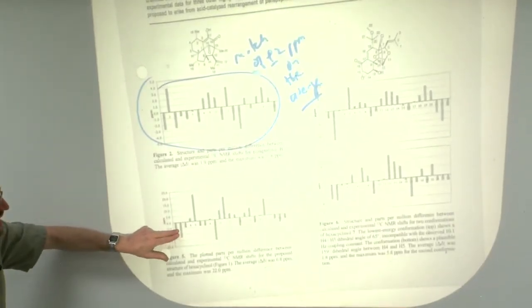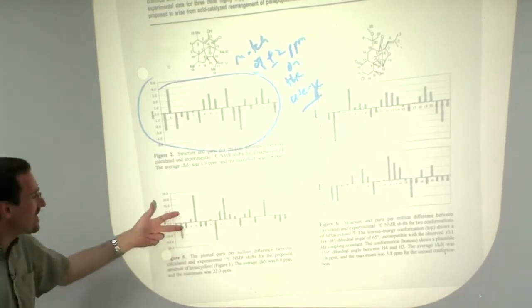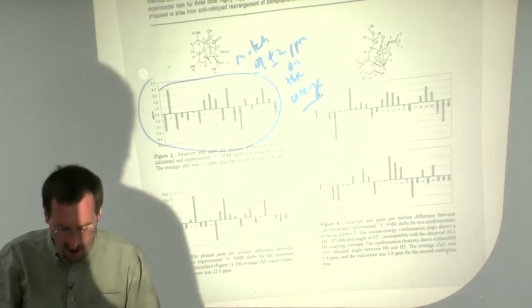You look at the scale on this graph, it's from 0 to 25 parts per million. The deviations on the average are within about 7 ppm. Many of the shifts are way off. So that's the average.